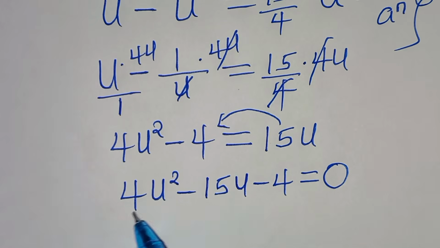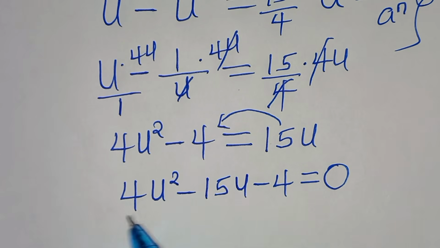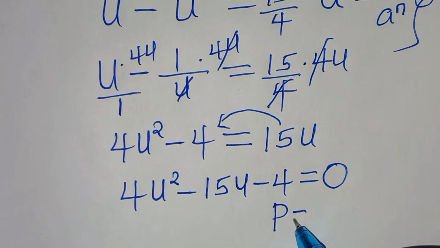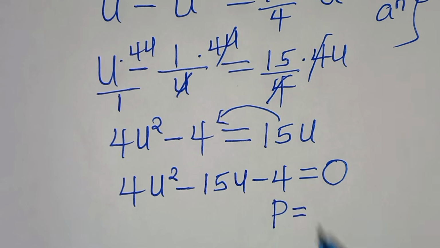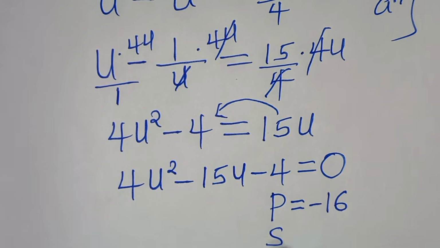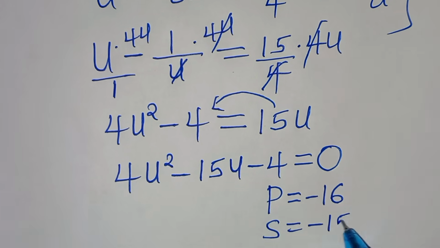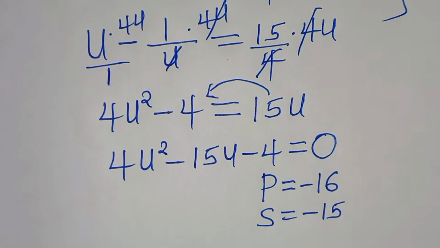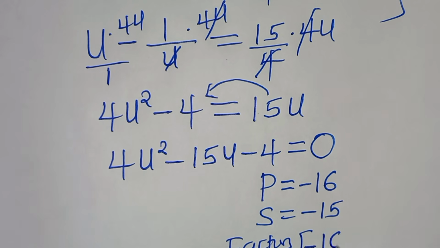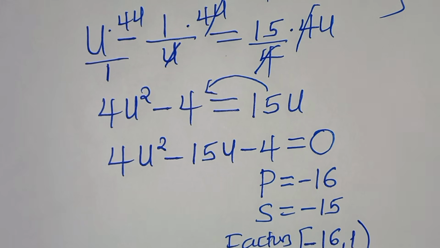Now this is a quadratic equation which we can solve by factorization method. The product here is equal to 4 times minus 4, which is minus 16. The sum is equal to minus 15. So we can identify two factors, minus 16 and 1.